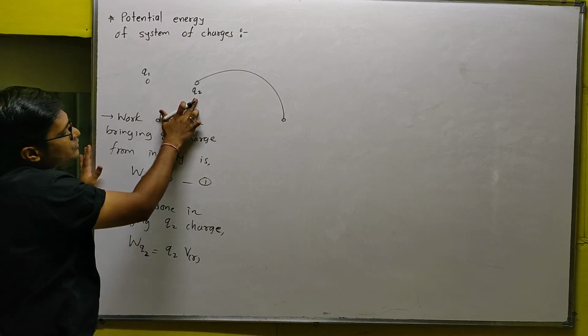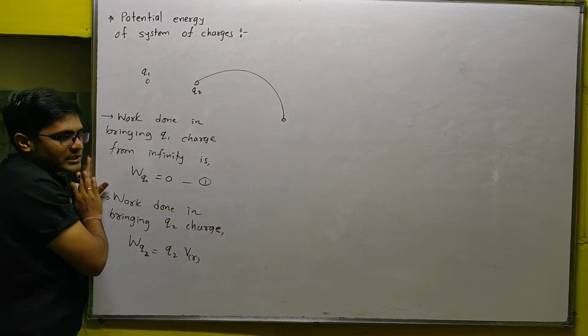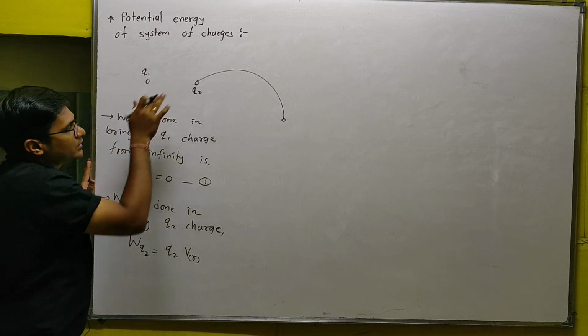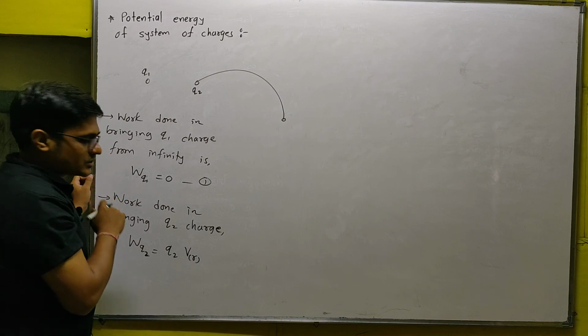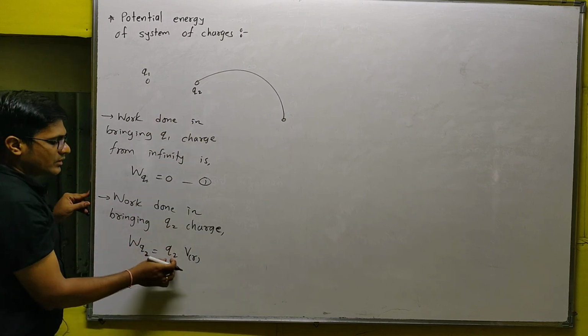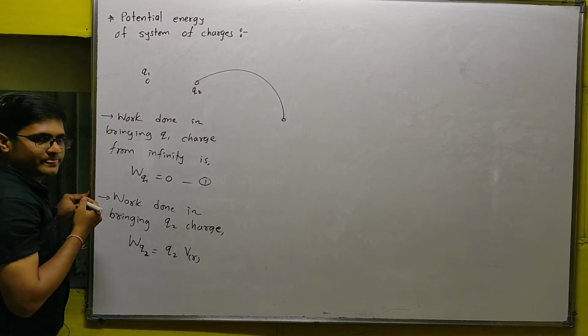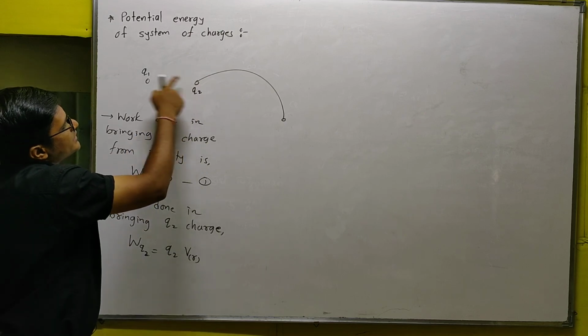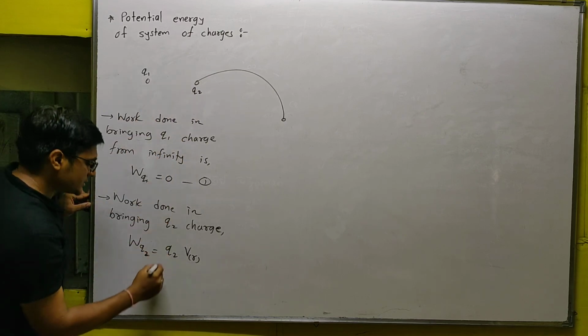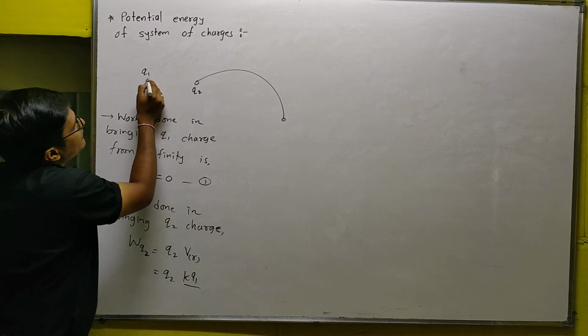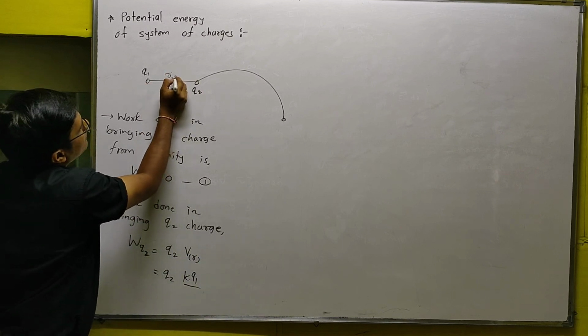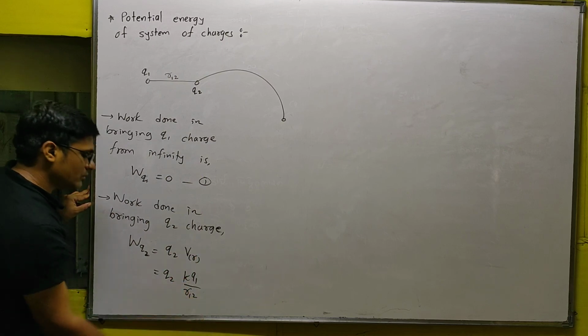So you are moving q2 charge in the electric field of q1 charge, so you have to do work. That is equal to charge q2 times the potential at this point, which is generated by q1 charge, k q1 divided by the distance between these two, r12, suppose.